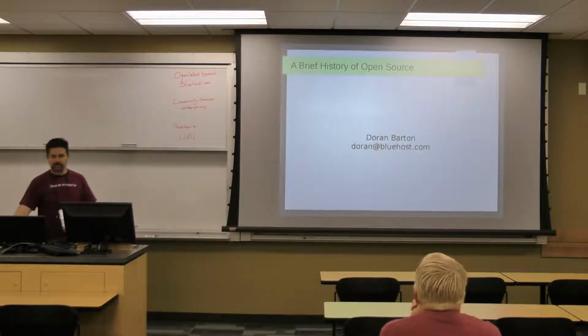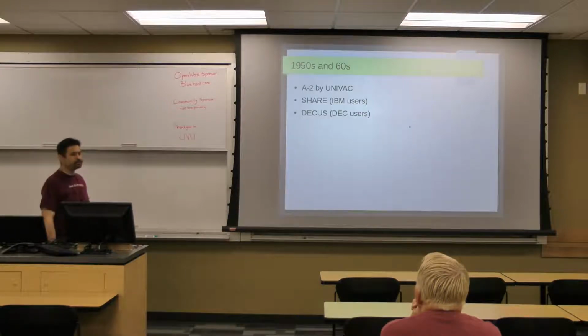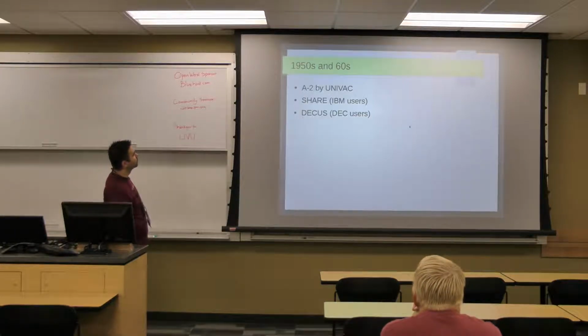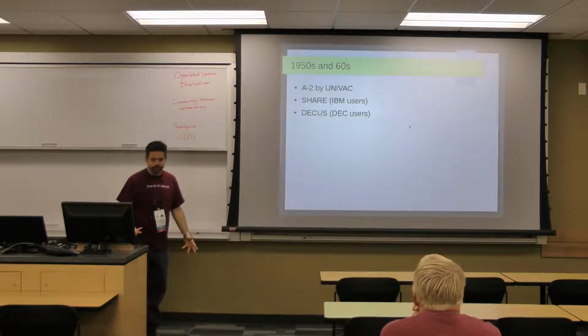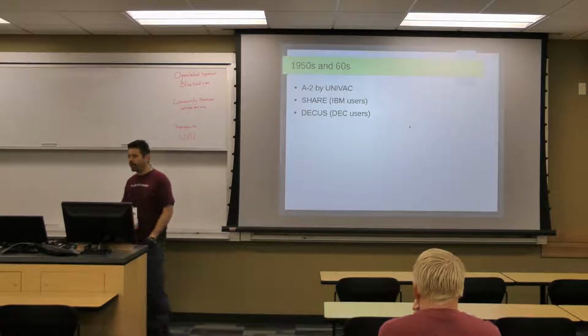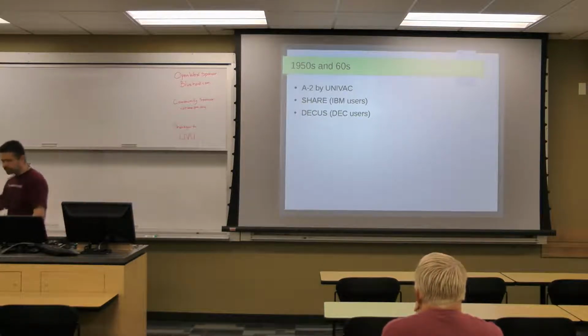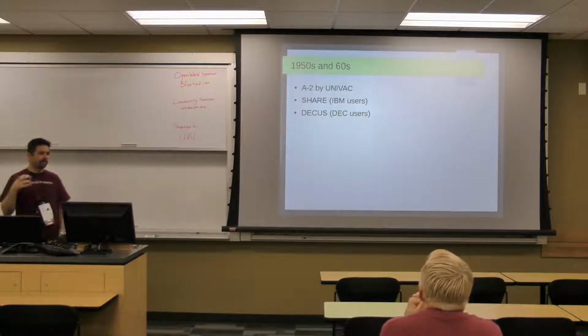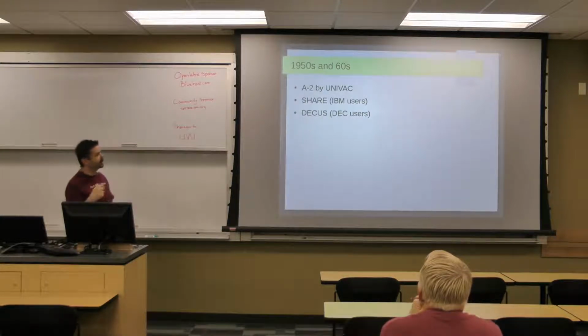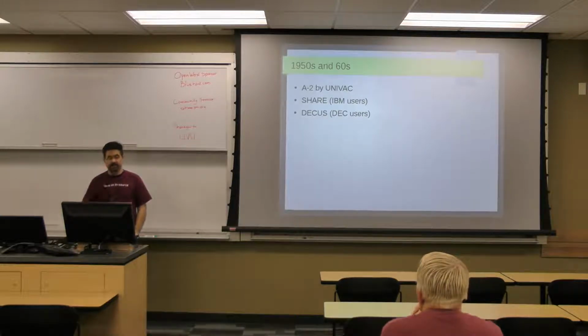Okay. Well, what I wanted to start with, let's see. There we go. When you look online and you read about the history of open source, a couple of the things that come up are these user groups that surrounded some hardware. The A2 by Univac was an early to mid-50s system.